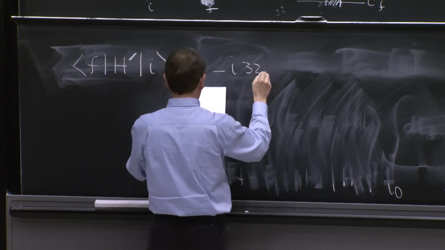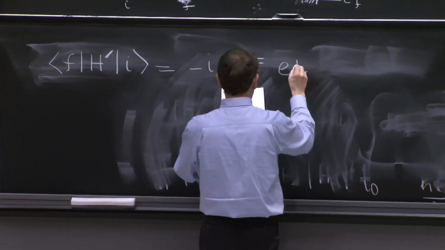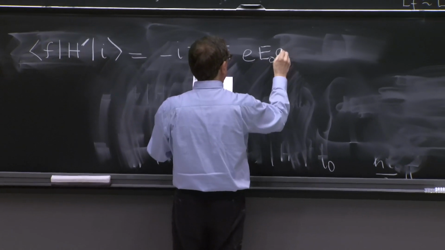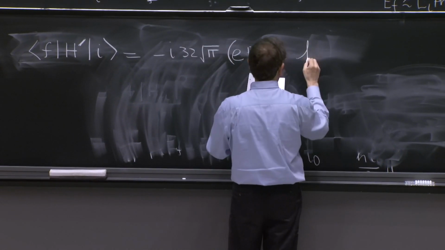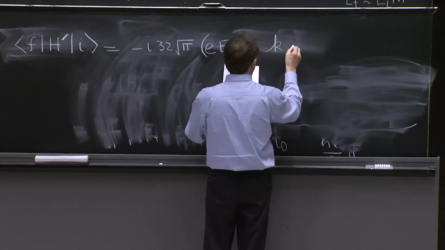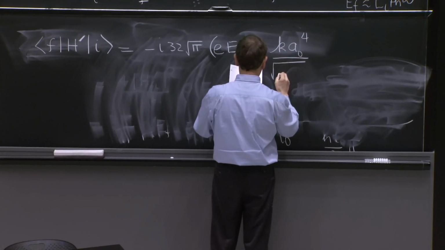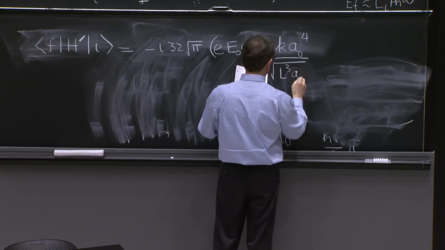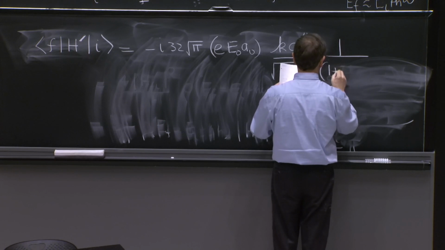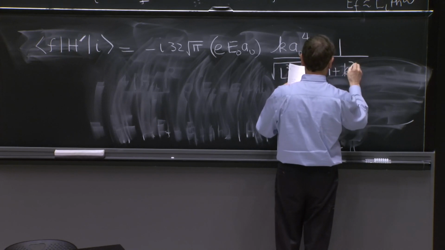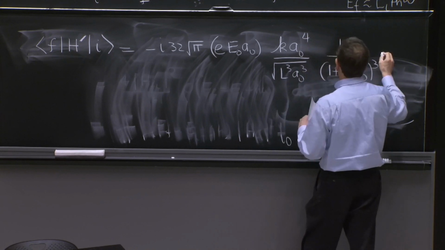I 32 square root of pi E naught a0. I did a lot of work here actually in writing it in a comprehensible way because it's pretty messy. L cube a0 cube, 1 over 1 plus k squared a0 squared, to the fourth, cosine theta.